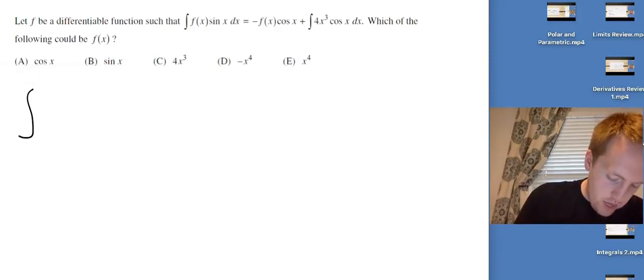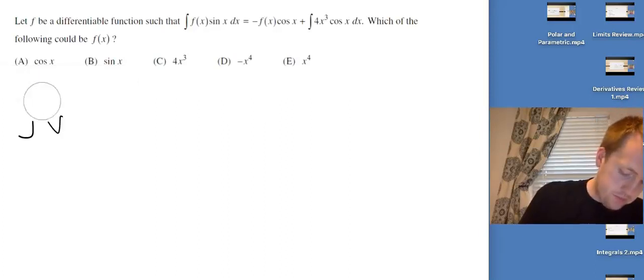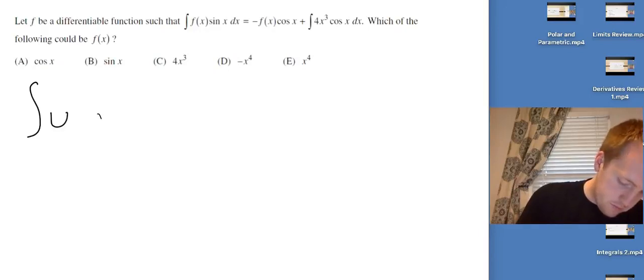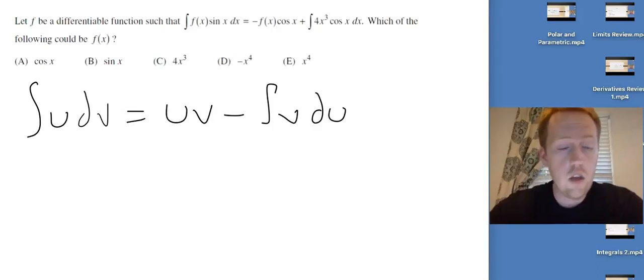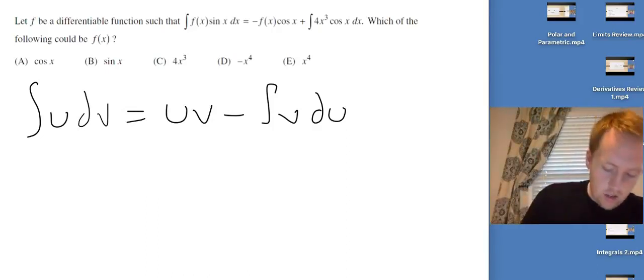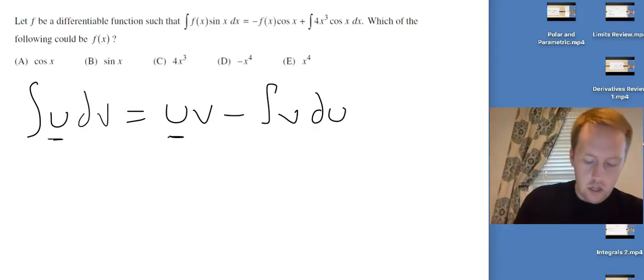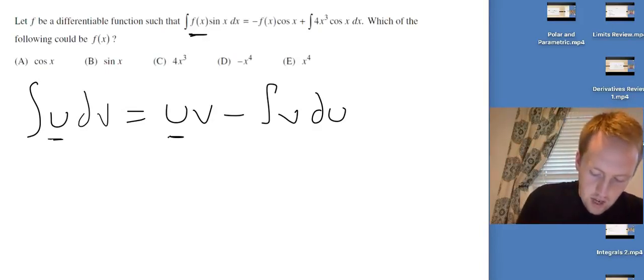the integral of u dv is equal to uv minus the integral v du. So what I'm noticing right here is there's a u here and a u here, just like there's an f of x here and an f of x here.